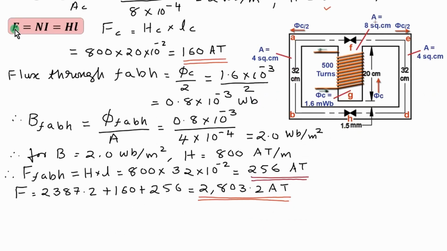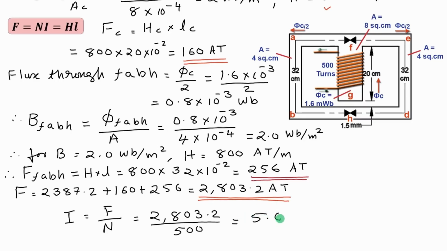We know that MMF F is equal to N into I. Therefore, current required to produce this MMF is I is equal to F divided by number of turns N, that is 2803.2 divided by 500, that is equal to 5.6 ampere.